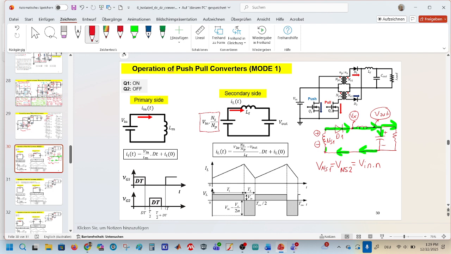So, and we know that, please don't forget to write this formula here in the exam. This is the voltage across the output filter inductance. And how did we define the voltage difference between input and output?